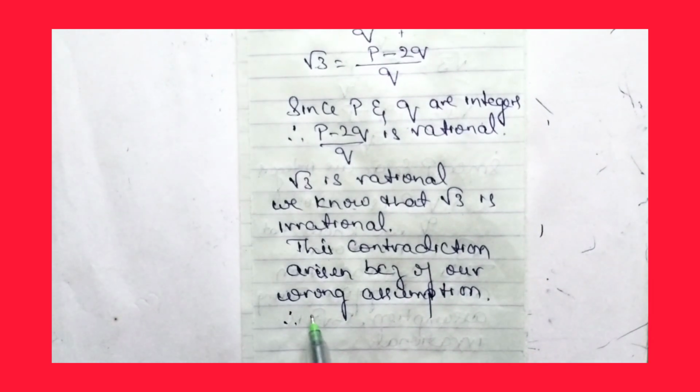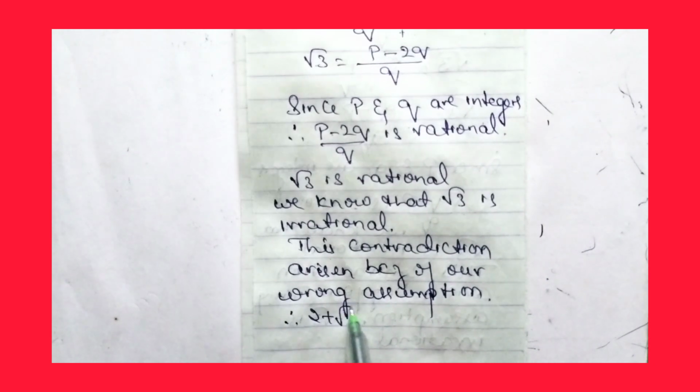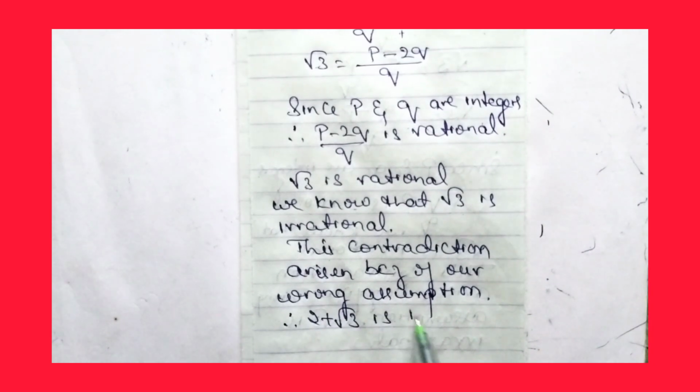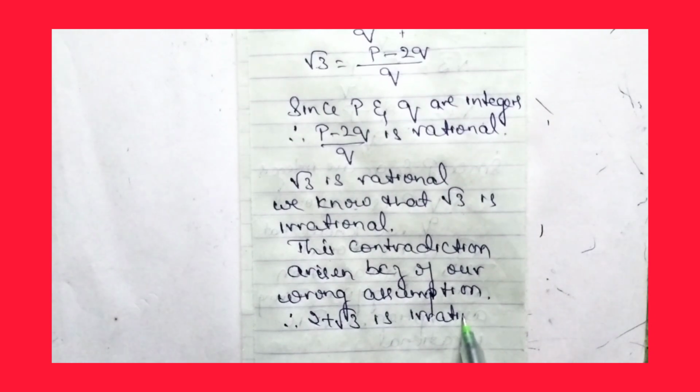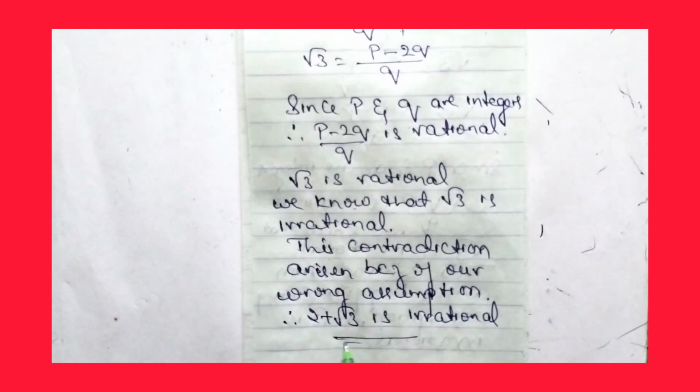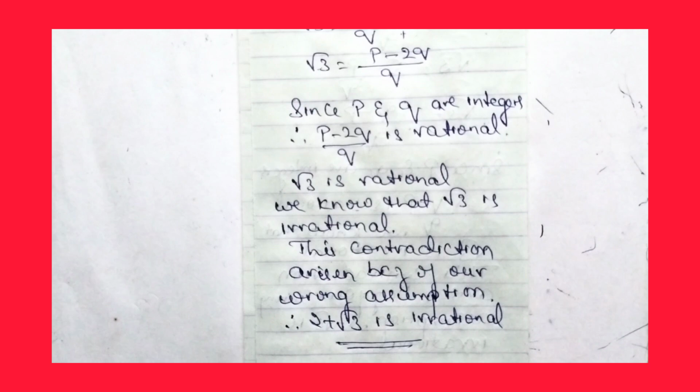Therefore 2 plus root 3 is irrational. So like this we have to prove that 2 plus root 3 is irrational. Now let us move for the next question.